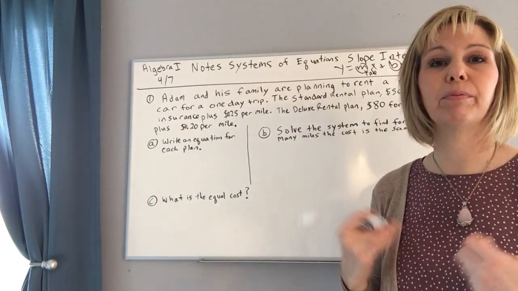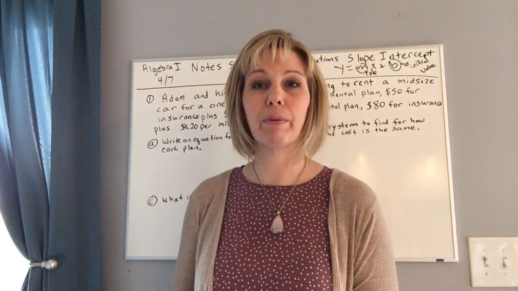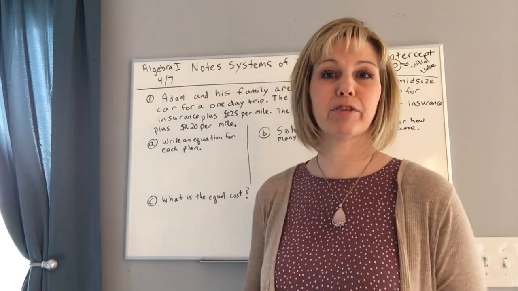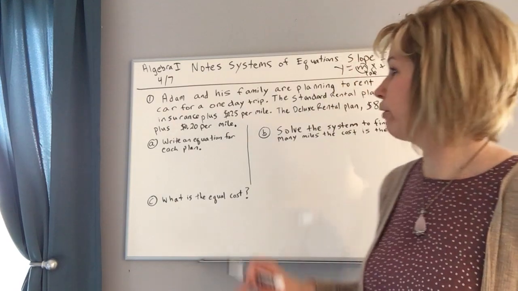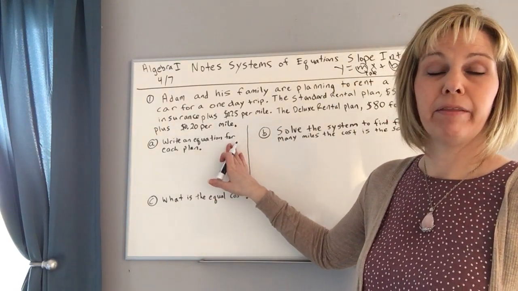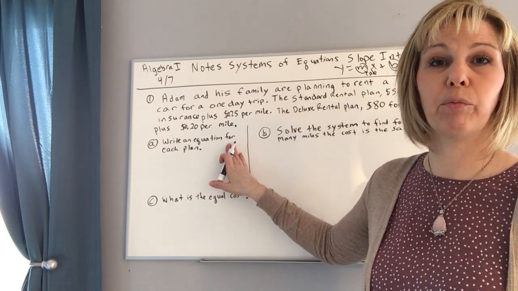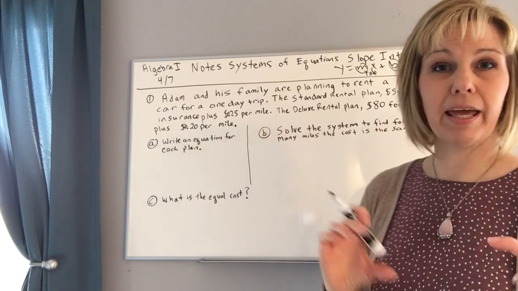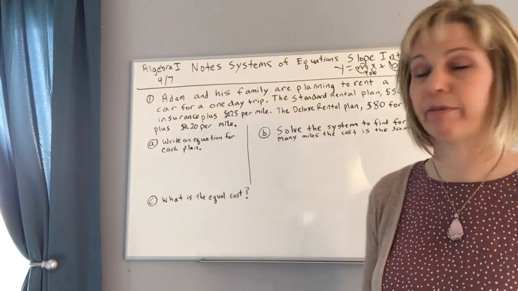We've already created these with singular slope-intercept form, but now we're looking at it as a system, and we're going to have to solve by substitution. First, we want to write an equation for each plan. There are two different plans, and we want to create variables. In your notes it says make sure you label your variables.